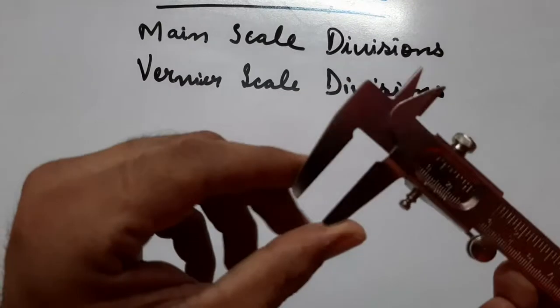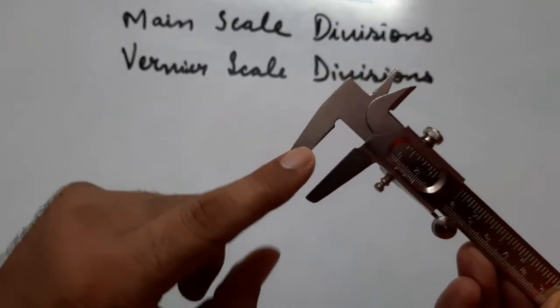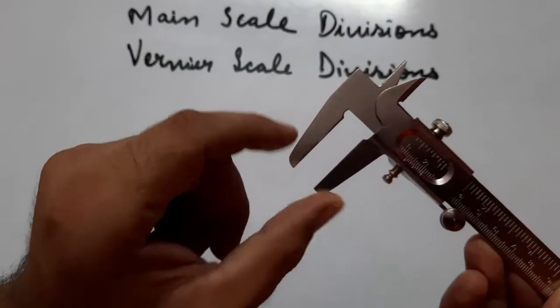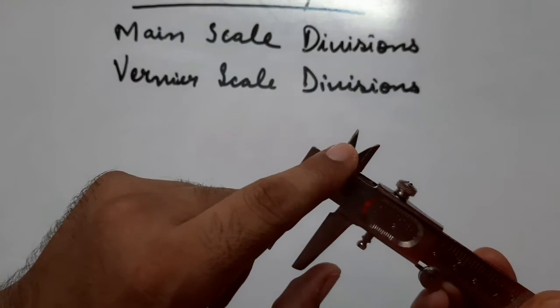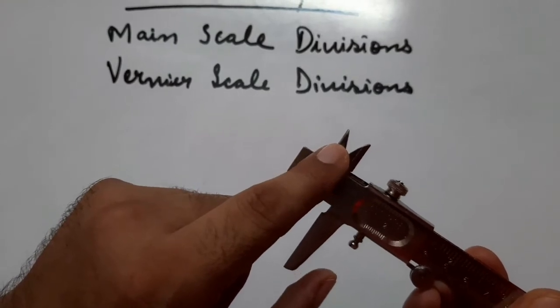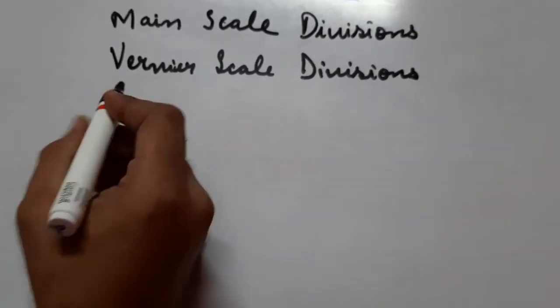Talking about other parts, these are called the jaws. Since these are used to measure the external diameter or the length, these are called the external jaws. Since these jaws are used to measure the internal diameter, these are called the internal jaws.